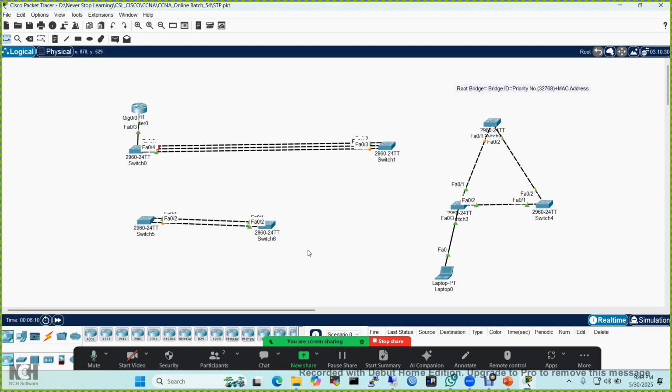It is unique for the entire switch, not for interfaces. All the interfaces have a unique MAC address, but the priority number is common for a switch. By default, all the switches have this priority number. What is the number? 32768.